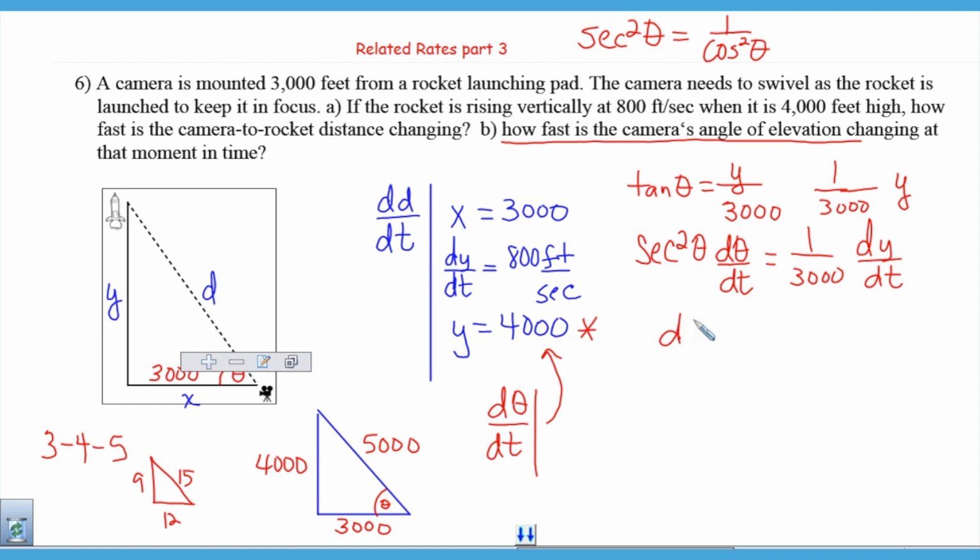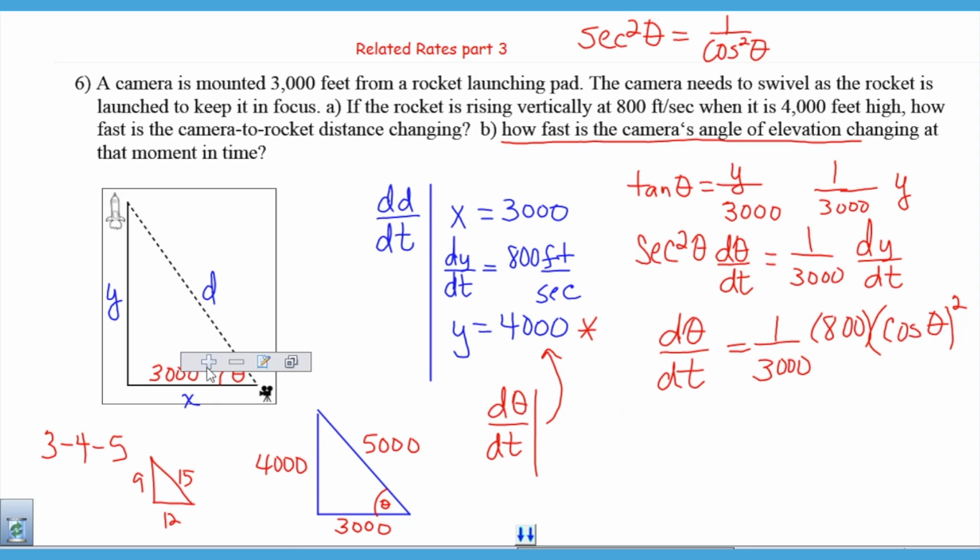So d theta dt is equal to 1 over 3,000. I'm going to go ahead and put my dy dt in there of 800. And then the only thing I don't know is cosine. I'm going to write it like this because I want to make sure that I understand. I'm trying to find cosine of theta, and when I do, I need to square it.